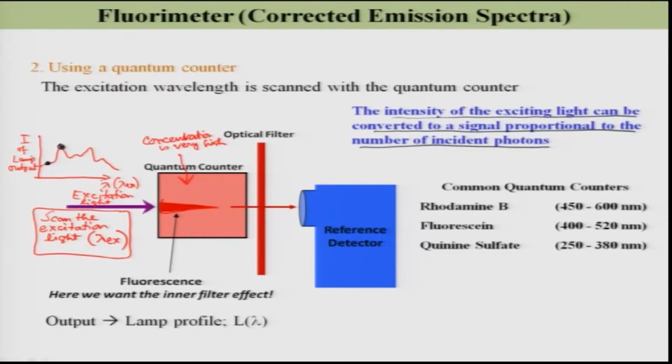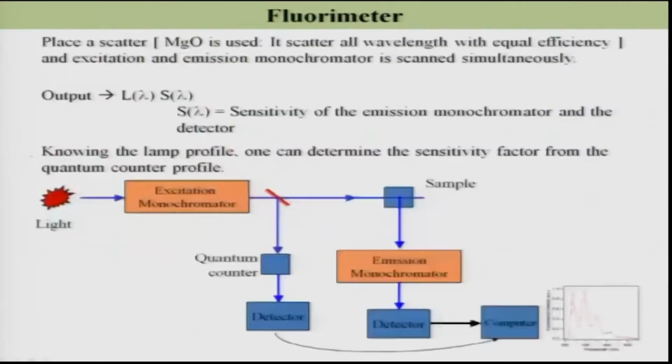Now, here is my light source and the excitation monochromator, and I have taken this light in this region. So I have this quantum counter, which is the choice of a molecule where I want the inner filter effect. So no excitation light is passing through and I want to collect the complete emission.